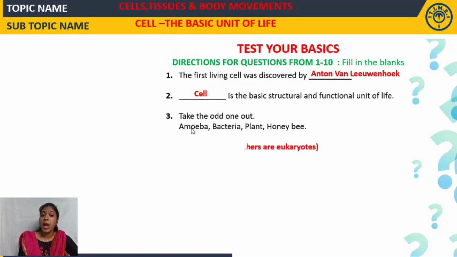Because amoeba, plant, and honeybee are all eukaryotes. Bacteria has a cell wall, a nucleoid is present, and it has a single chromosome immersed in the cytoplasm. No other membrane-bound organelles are present. The only organelle present is the ribosome.